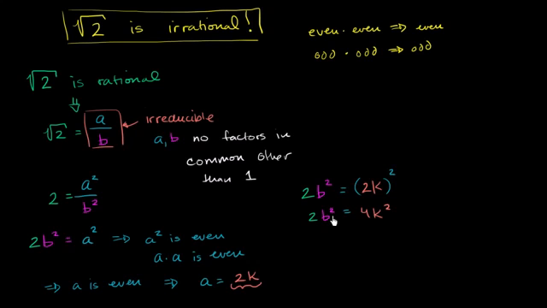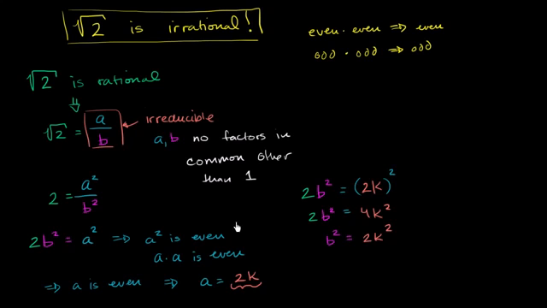And then you divide both sides by 2, you get b squared is equal to 2k squared. And this tells us that, well, k squared is going to be an integer. You take any integer times 2, you're going to get an even value. So this tells us that b squared is even.